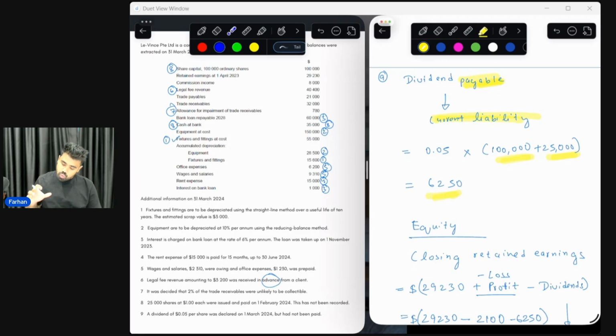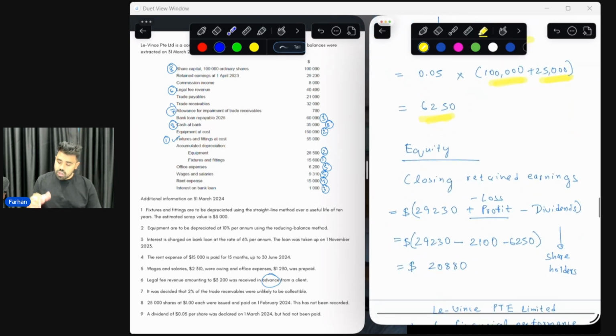Now, what we are going to do is, apart from recording this as a current liability, when we prepare the balance sheet, we will also include this within the final amount for retained earnings that we report in equity. And the final amount for retained earnings is simply calculated by starting with the opening retained earnings at 1 April 2023, being the beginning of the year.